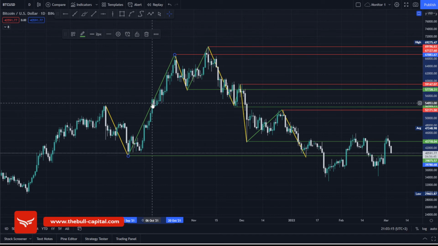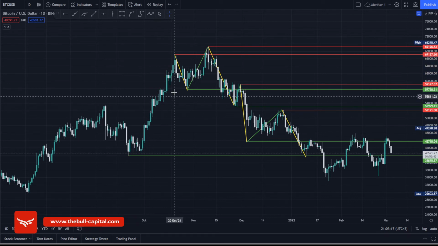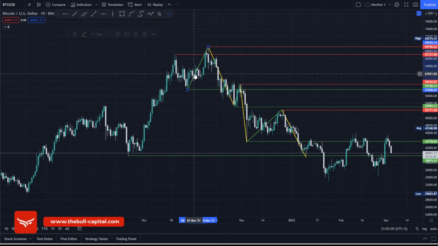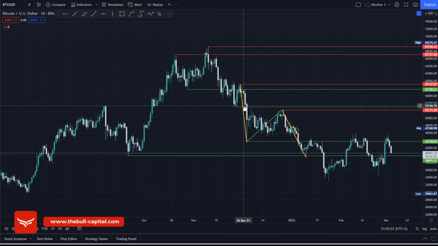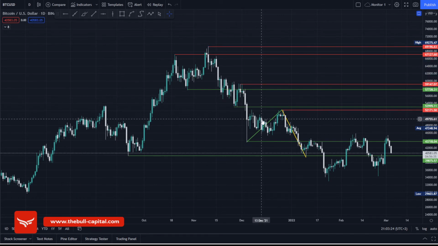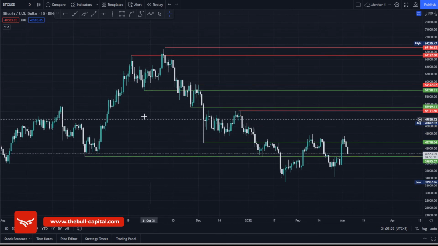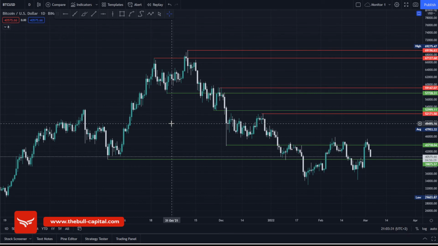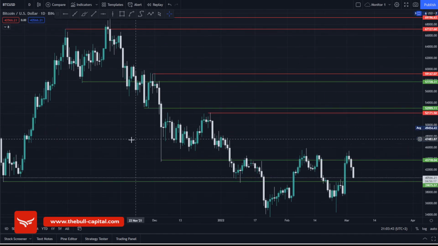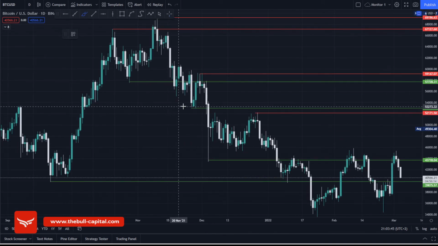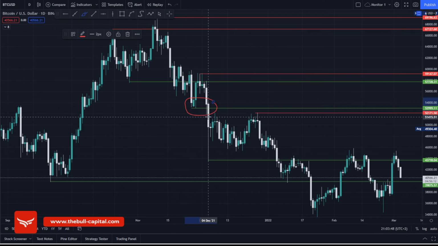Now let me remove these swing lines, and let's talk a little bit about the levels. A support level can turn into resistance. For example, you see the price here broke the support.